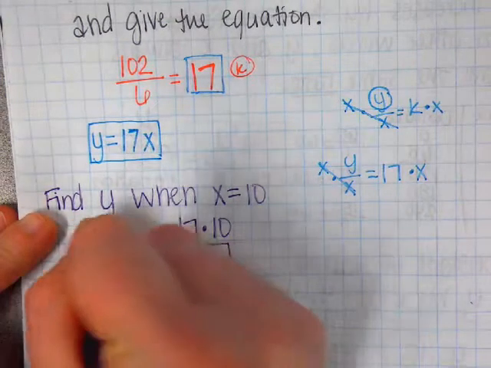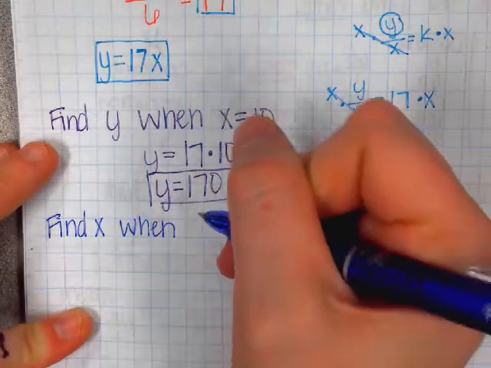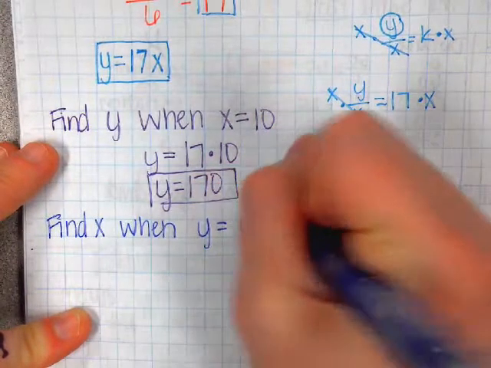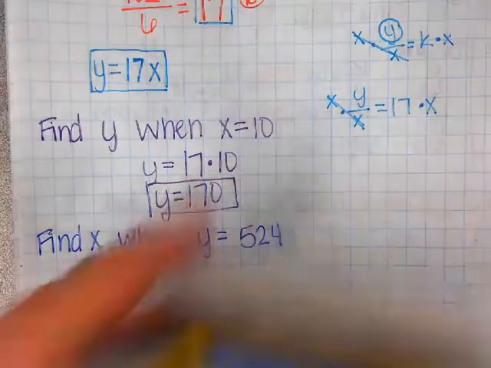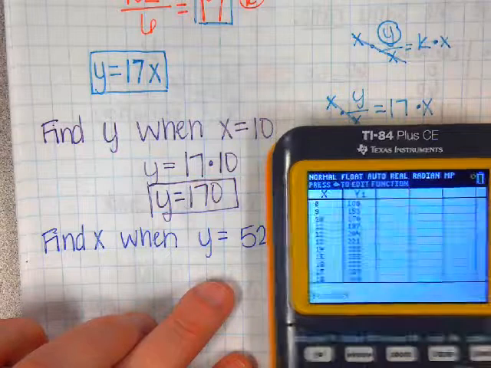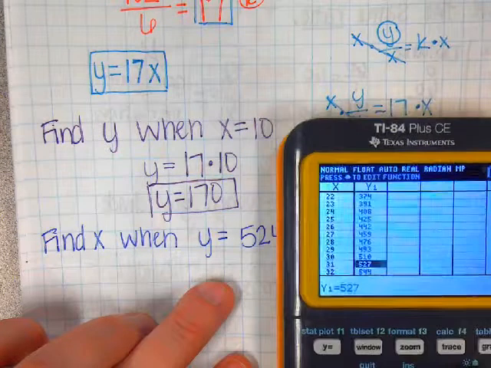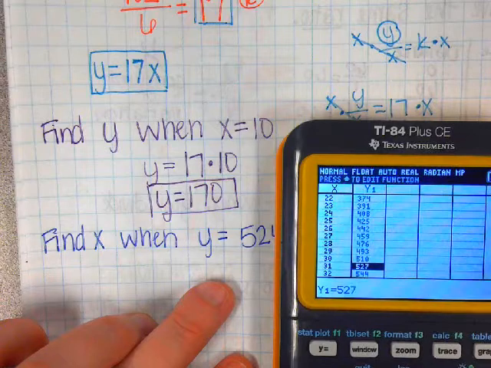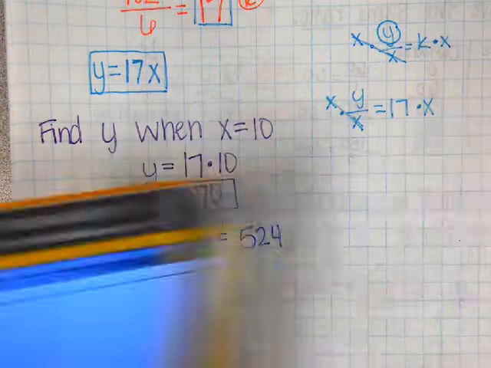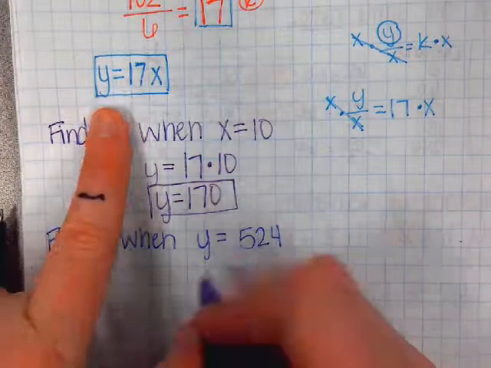Now we're going to step it up just a little bit, and we're going to say find x when y equals 524. So if I keep going in the table and I want to find when y equals 524, it's somewhere between 30 and 31, but I need to know the exact.